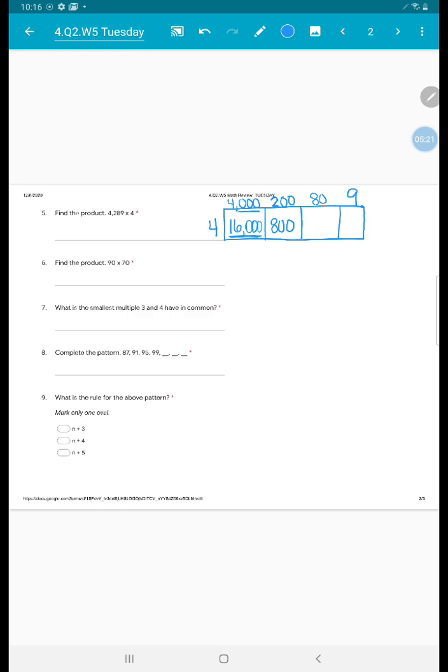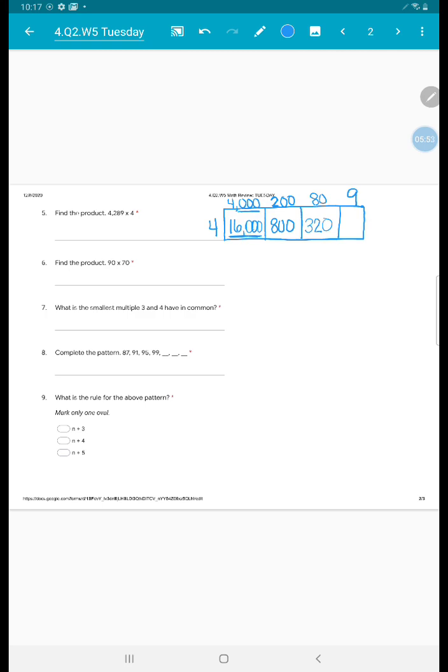Then what do I need to do to find the area of the next section, Christopher? 80 times 4. 8 times 4 is 32. And how many zeros do I have? 1. So 320.